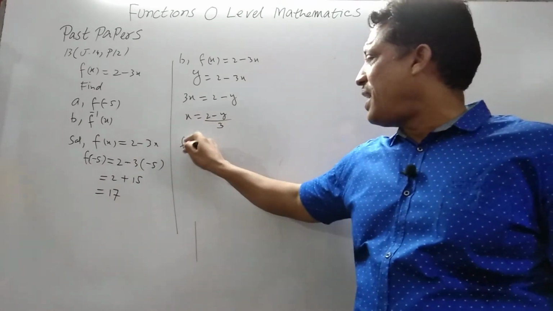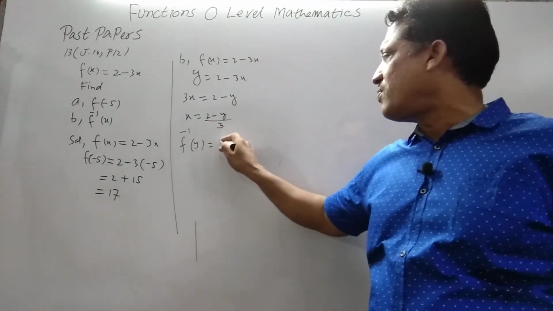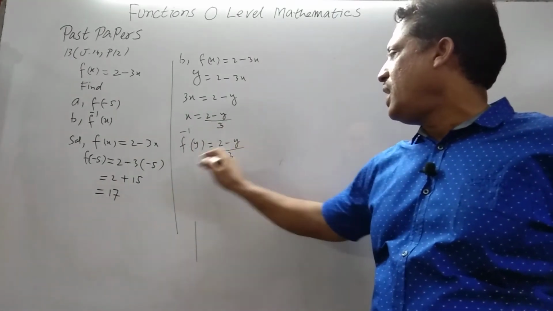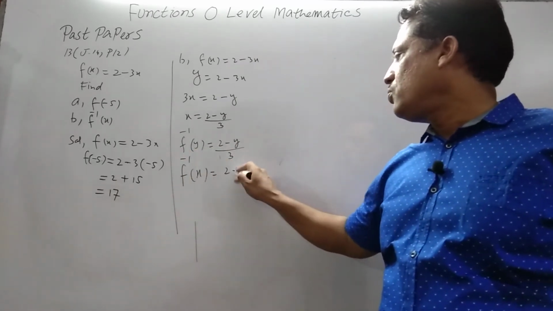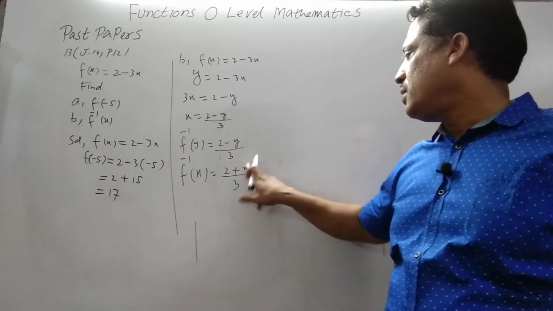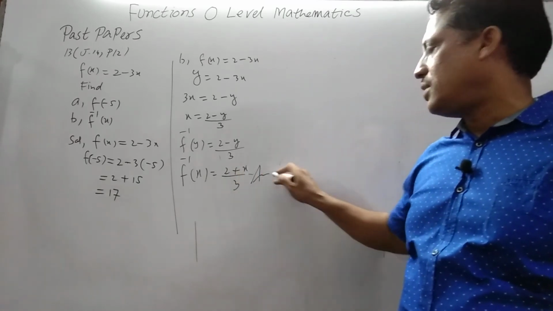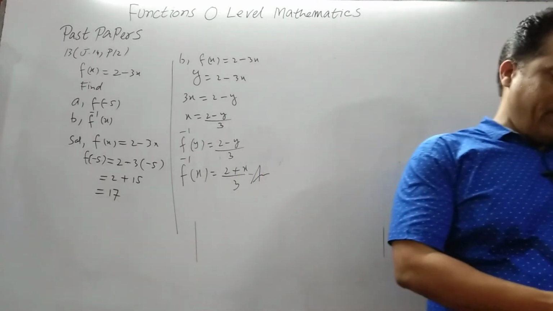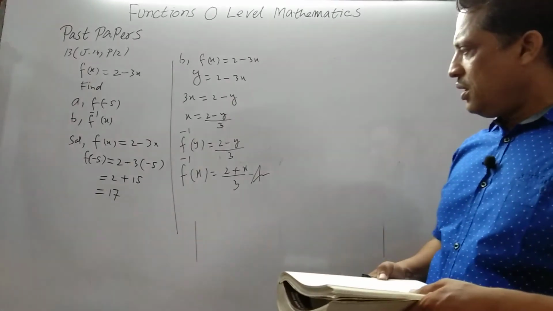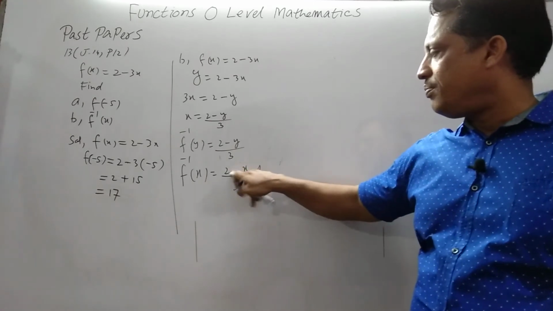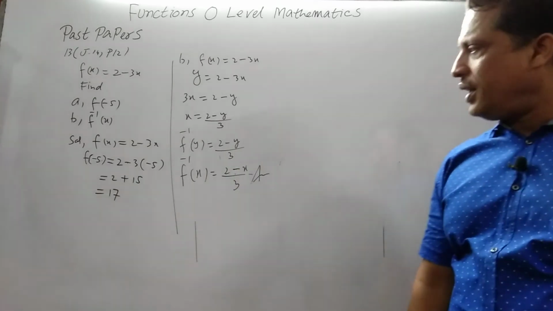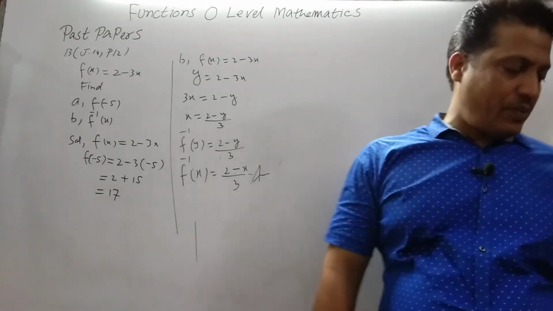Replace this x by f inverse y is equal to (2 minus y) upon 3. And finally replace y by x. Sorry, this is minus y, so this should be minus. Okay student. So the answer is (2 minus x) upon 3.